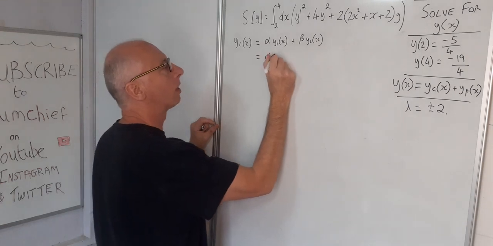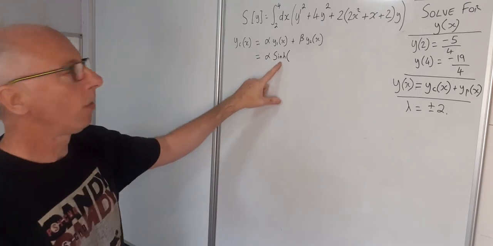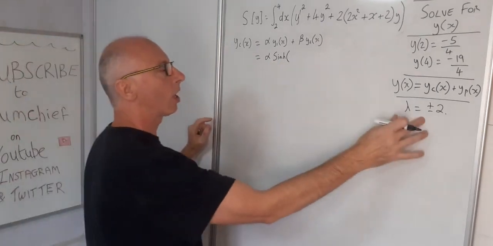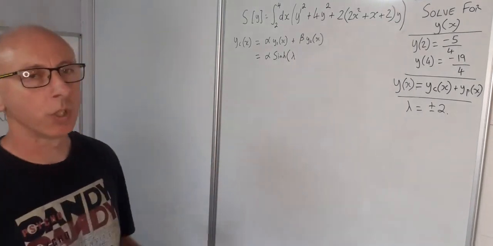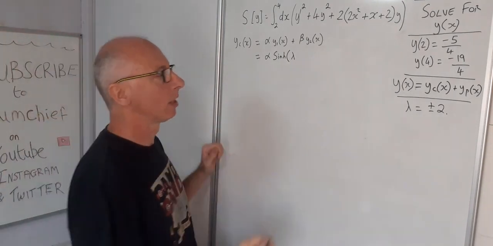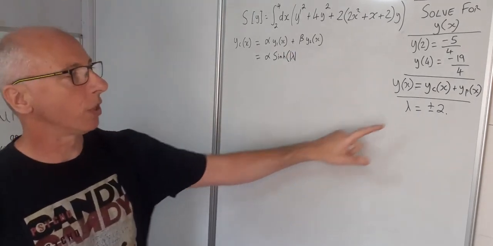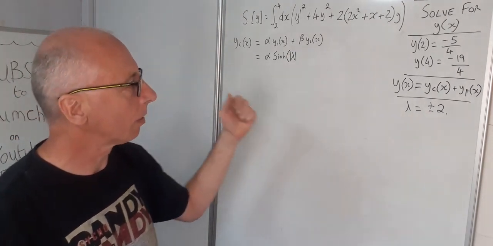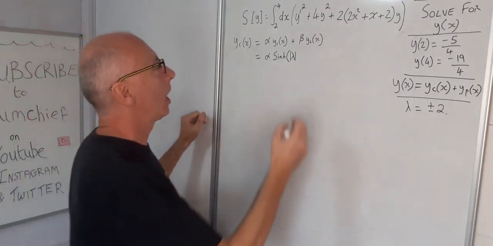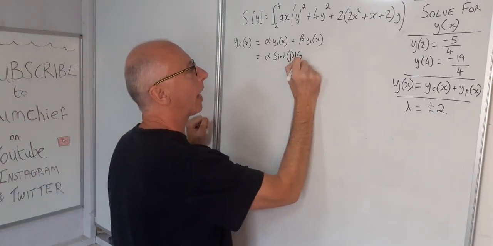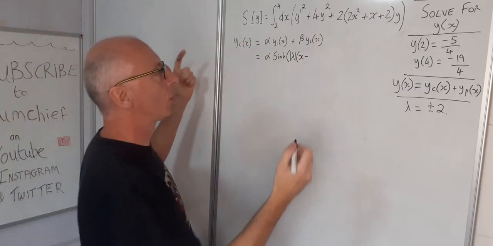So we've got alpha times sinh, and for our input we use the absolute value of lambda, because we've got 2 versions, plus or minus. So I'm going to use the positive, and then we multiply that by x minus our first boundary value, which is 2.